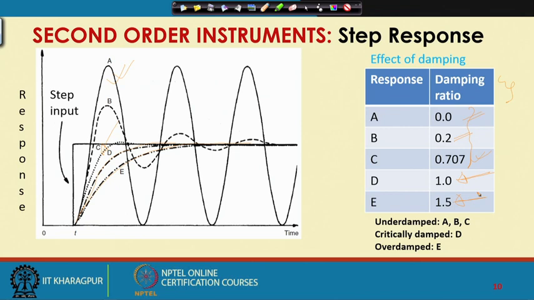Please note one thing: for underdamped instruments there are oscillations, but it reaches the final value much more quickly than a critically damped or overdamped instrument will do.